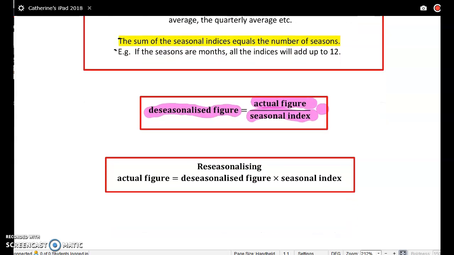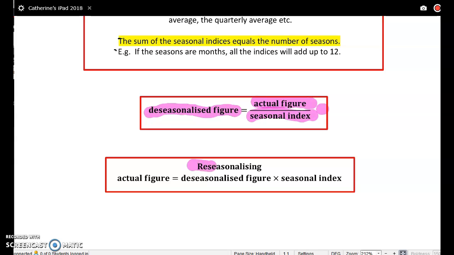Now, when we use our deseasonalised figures to plot a line, and what do we do when we plot lines? We tend to make our regression lines. We'll come to that a bit later, but this is what we do.